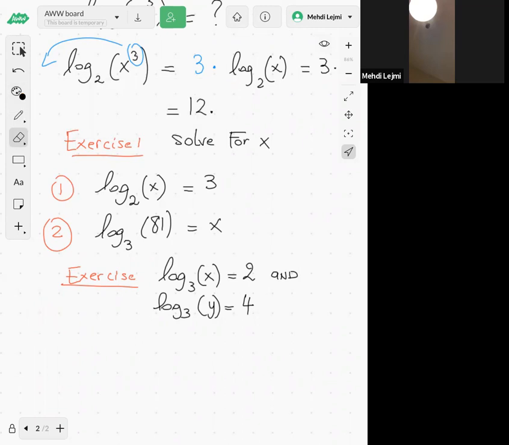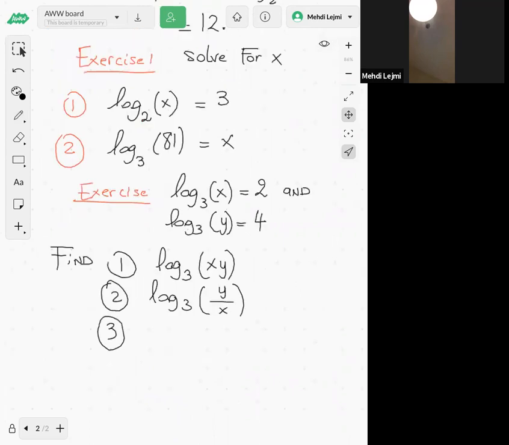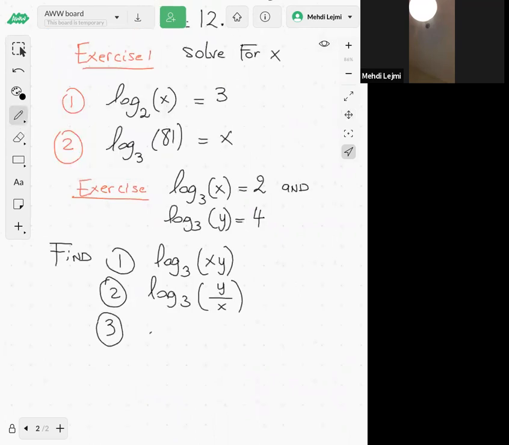So I need to find, first, log in base 3 of x times y; 2, log in base 3 of y over x; 3, log in base 3 of x over y; and 4, log in base 3 of x cubed over y squared.